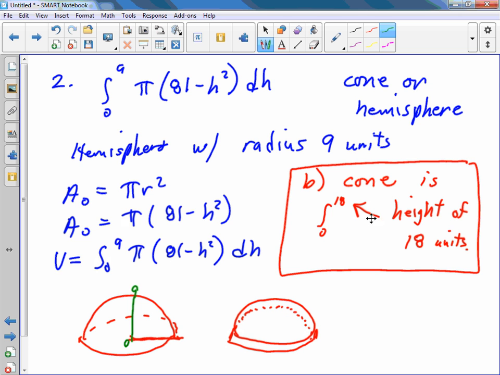Well, no, because the radius here, this expression 81 minus h squared applies to any radius, whether we're here or here or here, and the radius gets smaller and smaller. So our disk gets smaller and smaller as we go up. At any height. Good question. Thank you, Mo, for being on it.